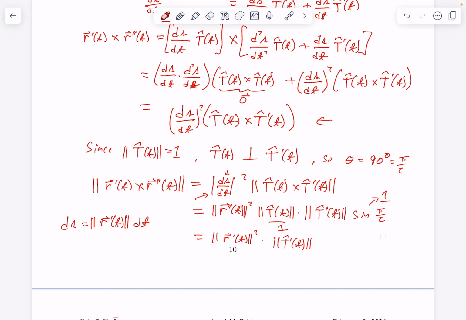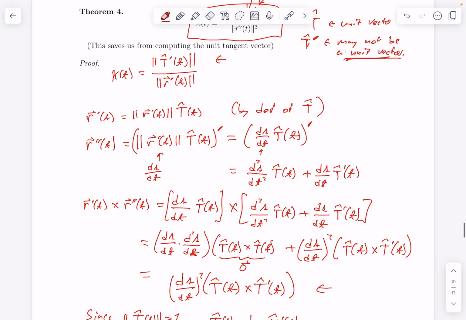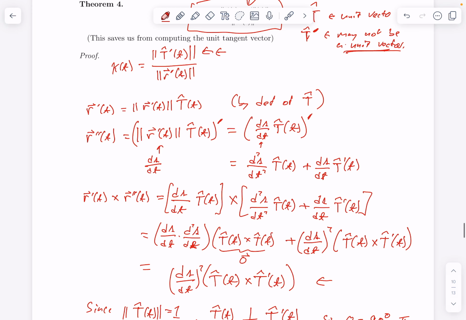And so, as it happens, the derivative of t hat of t is nothing other than the derivative of my position vector crossed with the second derivative of my position vector divided by sort of a normalization, the magnitude of the derivative squared. And so kappa now of t is going to equal, let me come back up here. Notice we have a formula for that now.